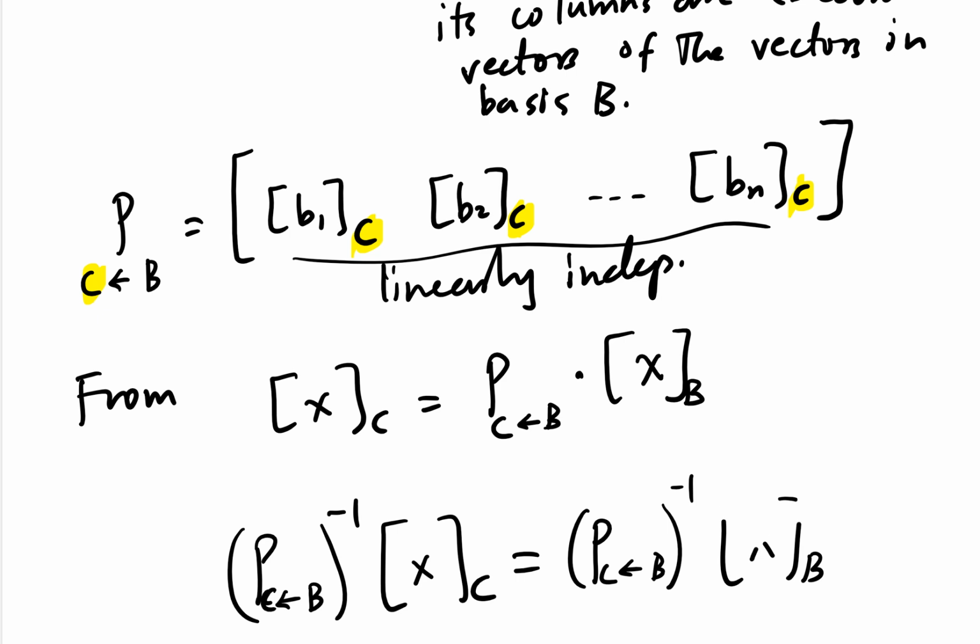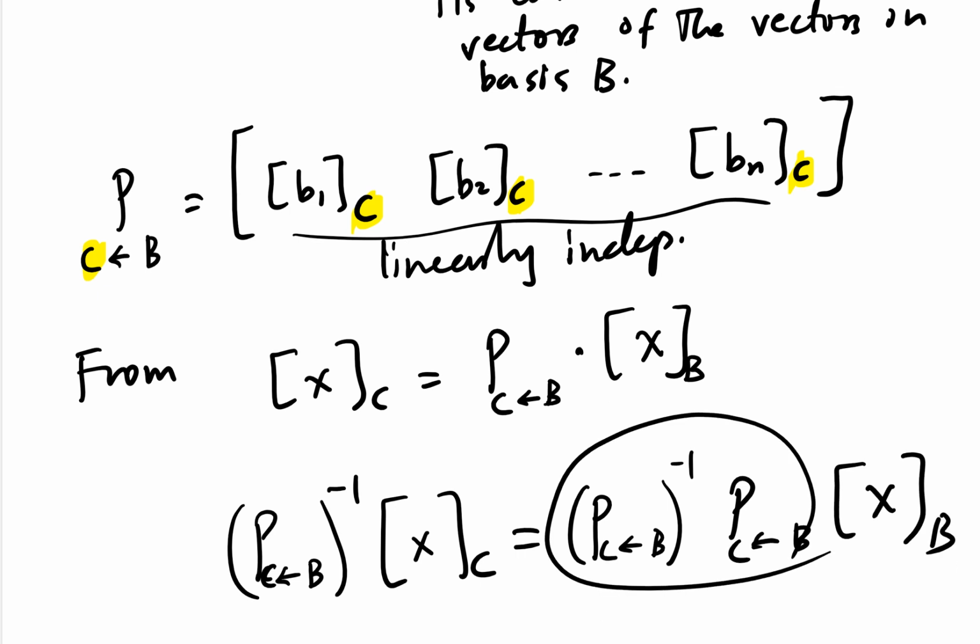Oops, I forgot the one next to it. The matrix here, B from B to C times X in the basis B. This one is the identity matrix, it's gone.